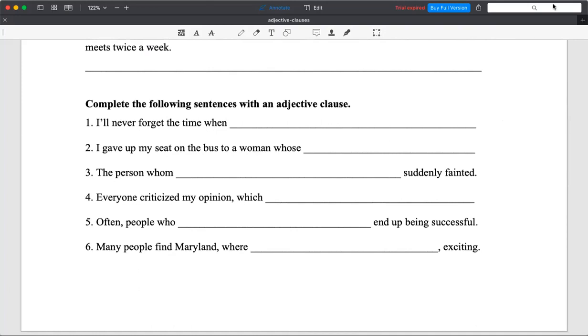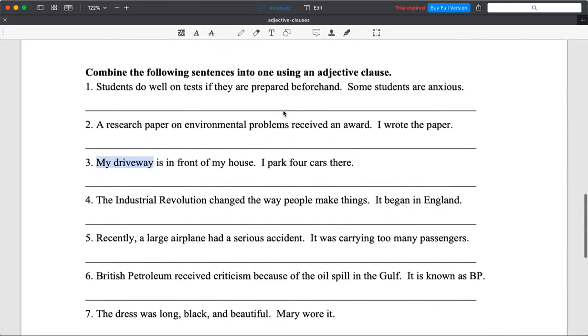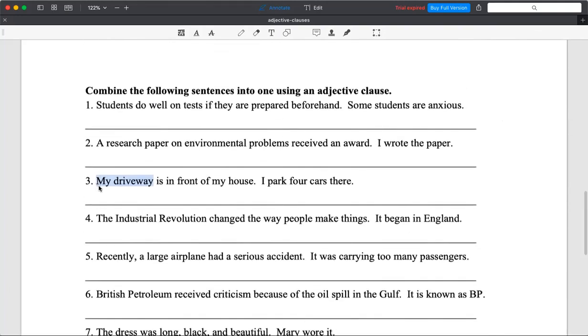Your sentence has a dangling modifier, Fiona. For number 3, if I say my driveway is in front of the house and then I put it in that sentence right after that, I have a dangling modifier. What is a dangling modifier? The sentence that I'm reading in the chat box is my driveway is in front of my house where I park 4 cars.